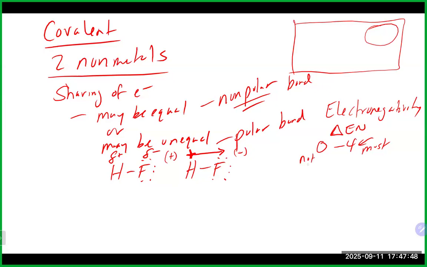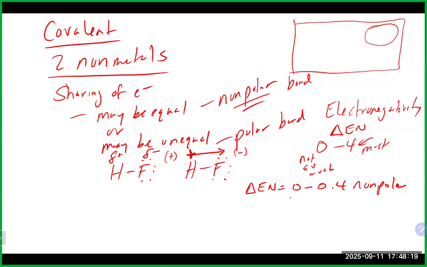Basically, you take the two elements involved in the bond and subtract their electronegativities, the larger number minus the smaller number, so you always get a positive number. If you end up with a change in electronegativity anywhere from 0 to 0.4, that is usually considered a nonpolar covalent bond, basically equal sharing of electrons.